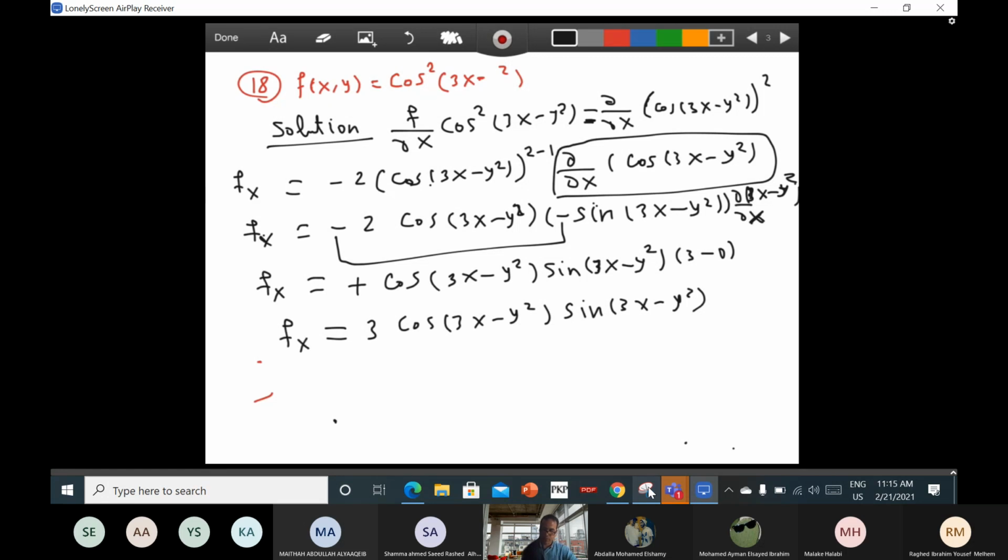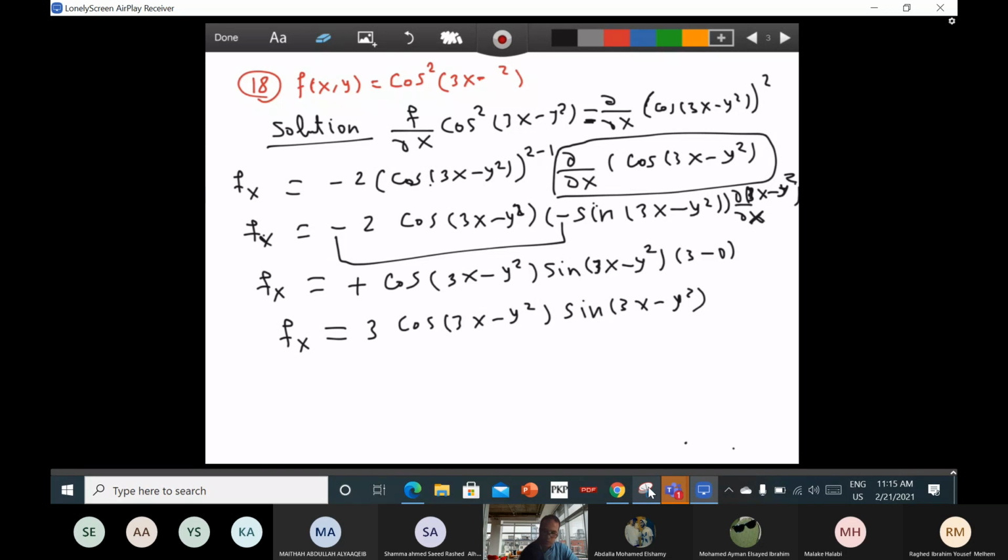Do you have any question before we differentiate with respect to y? No, doctor. So take a screenshot for this one, and let's replace every x by y and see what's going on. Done, doctor.